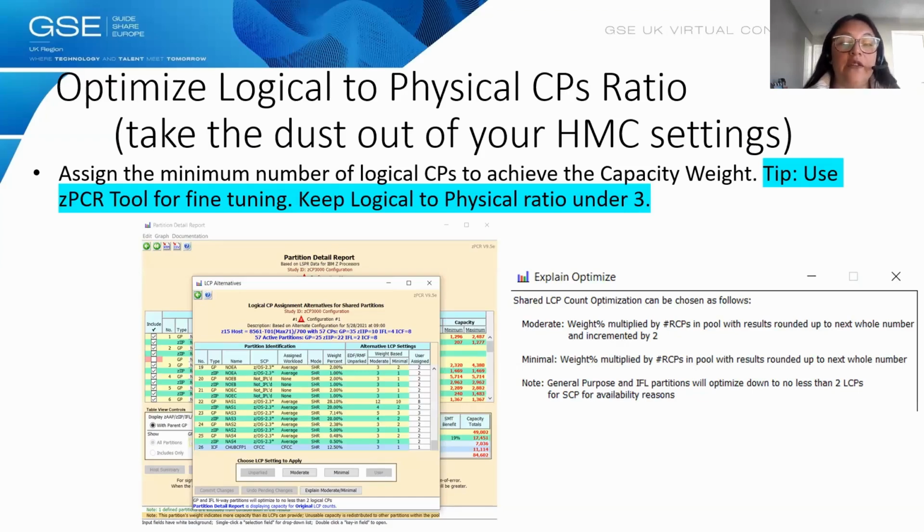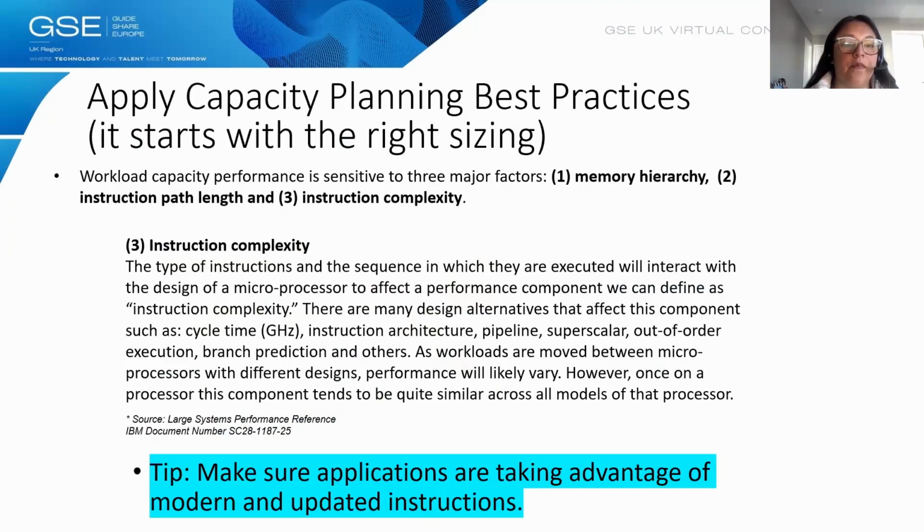And if you decide to hit the button to have minimal logical CPs as per their weight, it won't assign extra logical CPs or vertical lows to the LPAR. So that maximizes the use of your mainframe, and at the end of the day, reduces the CPU utilization or the CPU cycles per instruction. It's a very important one.